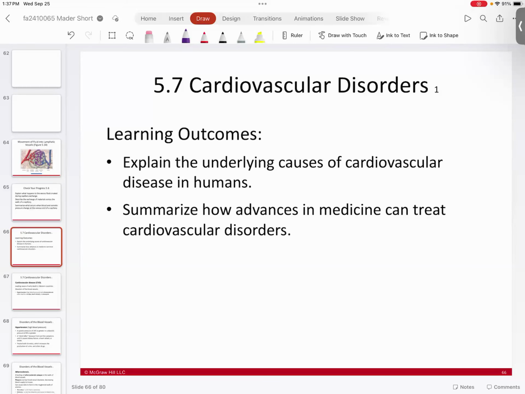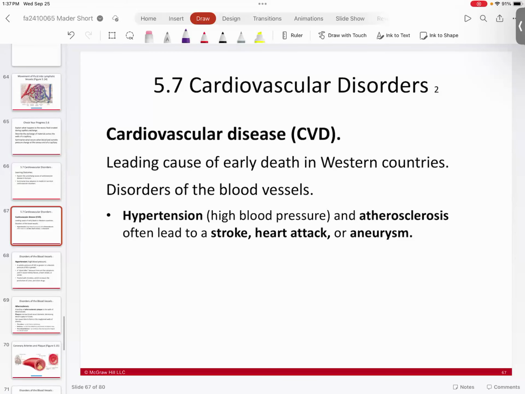Okay, let's go ahead and take a look at some disorders. What happens when it all goes horribly wrong? So cardiovascular disease, CVD, this is a big one, right? This is one of the leading causes of death, especially in the West, for both males and females. As a matter of fact, many of us either know somebody we love who's struggling with cardiovascular disease, or we ourselves are struggling with it.